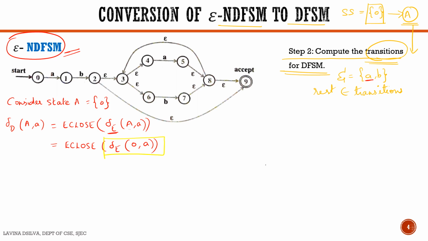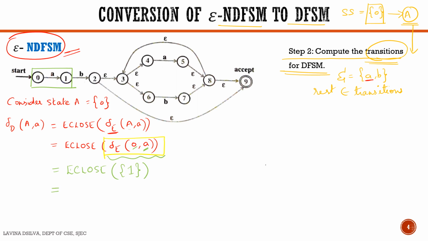What happens when you are in state 0 and you see an input A? On seeing an A you go to state 1. Therefore we will have E close of the transition which occurred here, that is state 1.